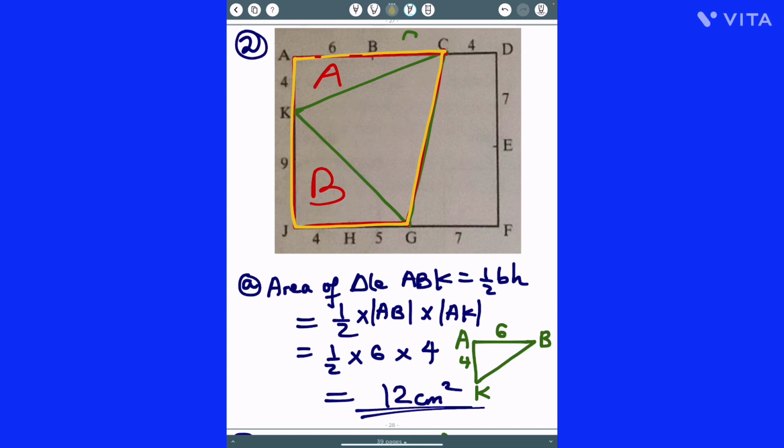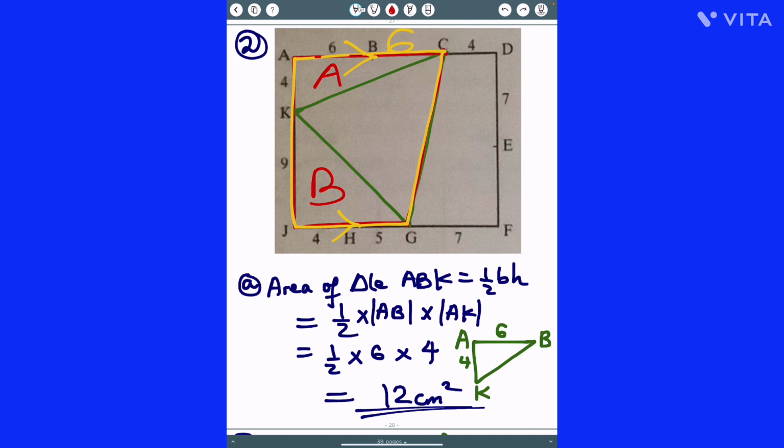So all I need to do now is, what are the sides of my trapezium? There's one side here that's parallel to this side, and this is 6. We found this before as 6. So the two parallel sides of my trapezium are 12 and what?